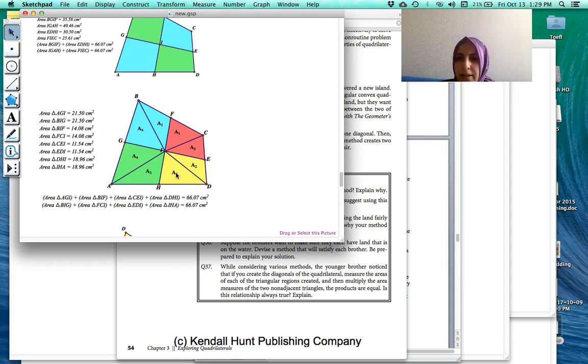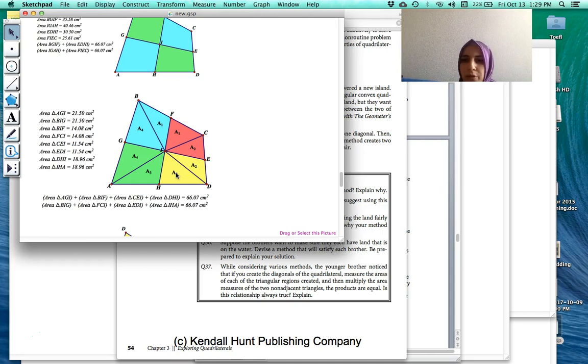Construct BI, CI, AI, and DI. Now, if each brother takes one triangle partition from each of the colored sections below, one blue, one red, one yellow, and one green, and without taking adjacent pieces, they will have equivalent amounts of land.